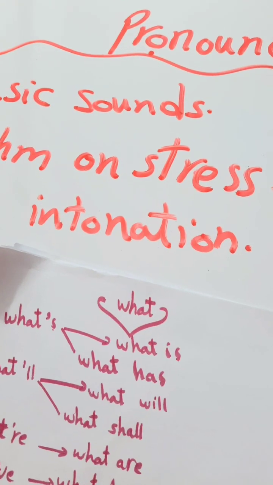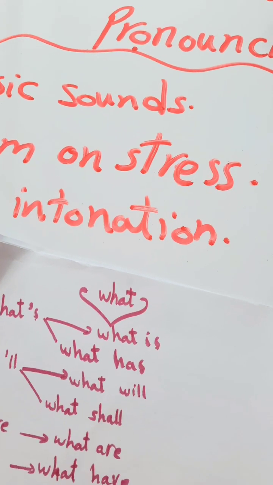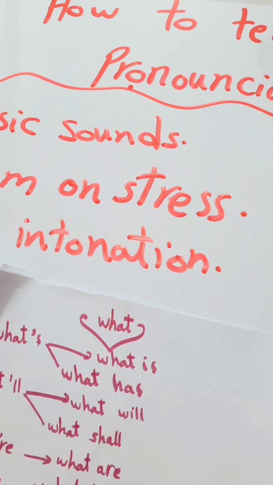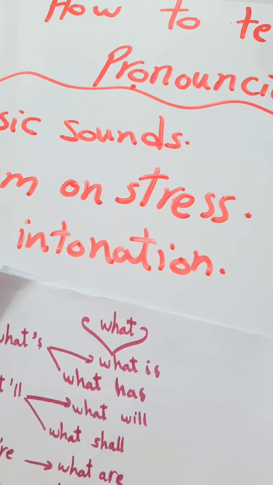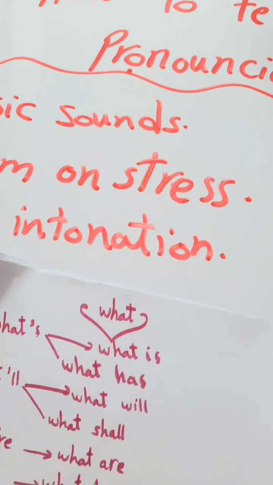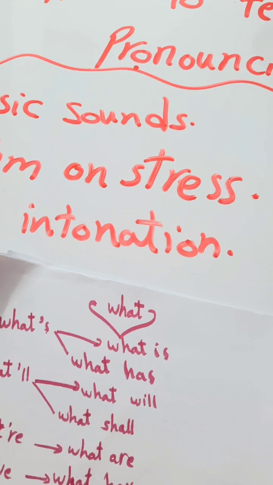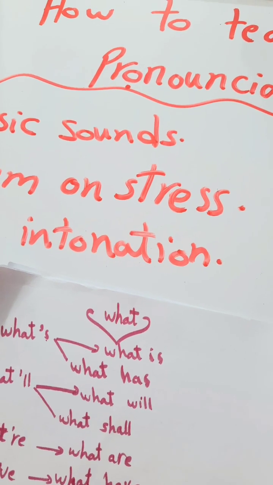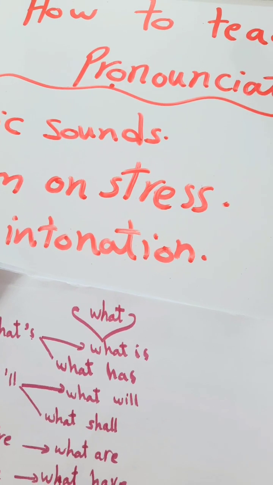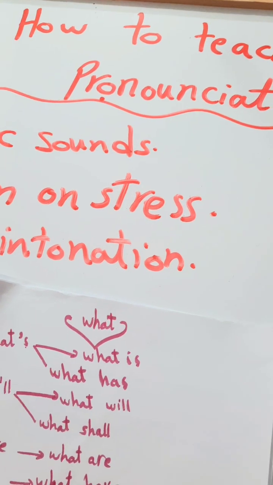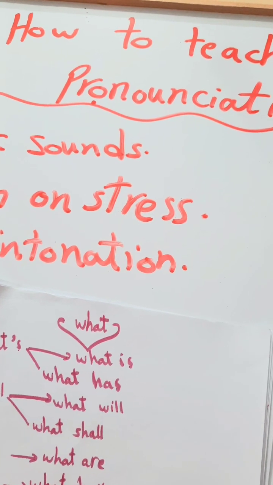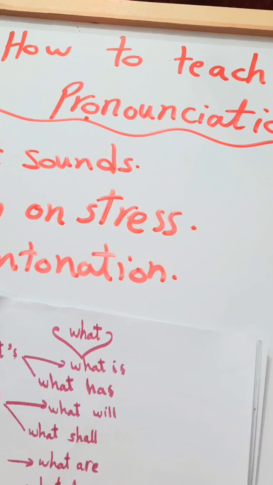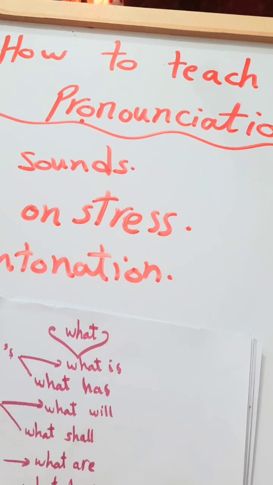To sum up what we said in this video, it's very important for your students to learn how to pronounce correctly. That gives him great encouragement and confidence to speak without the fear of making mistakes. He has the fear of making mistakes and he doesn't speak to you inside the classroom or outside the classroom.